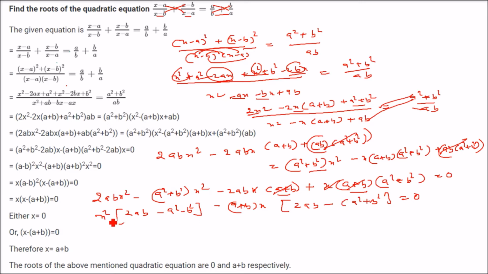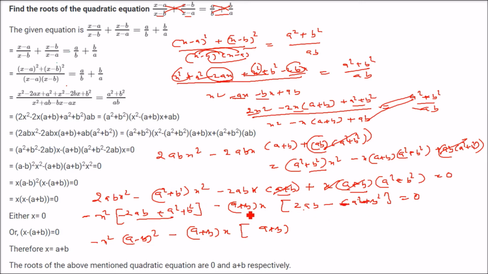Okay, so this will be, I'm taking minus common from here, these two, so it will be minus plus plus and minus outside. So this will be minus x square, and this will be a square plus b square minus 2ab, so a minus b whole square. Again I am taking minus common from here, it will be a plus b x minus a square minus b square.